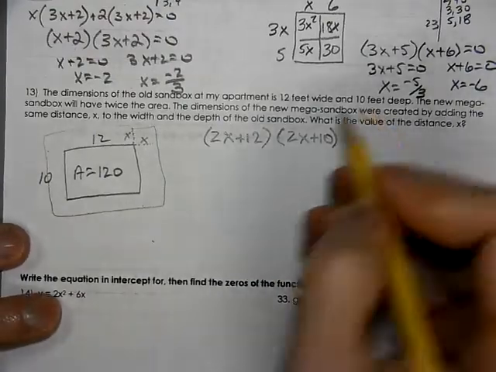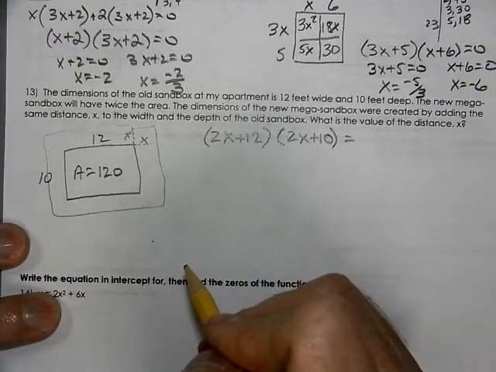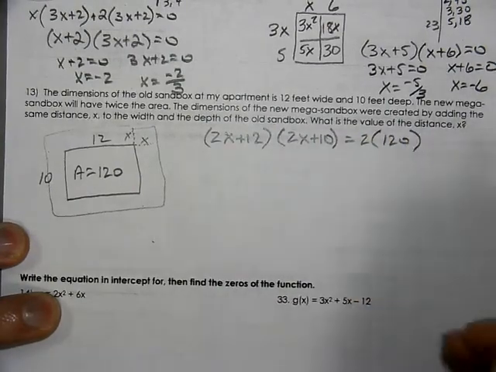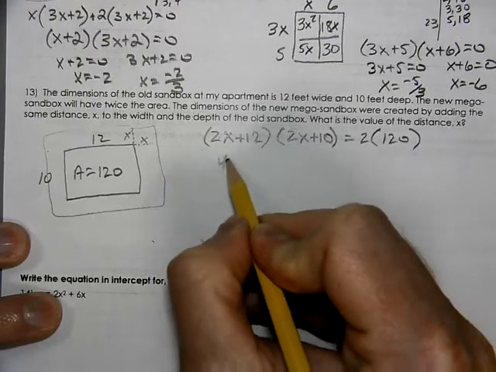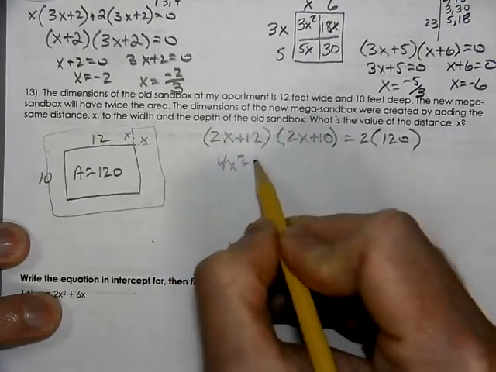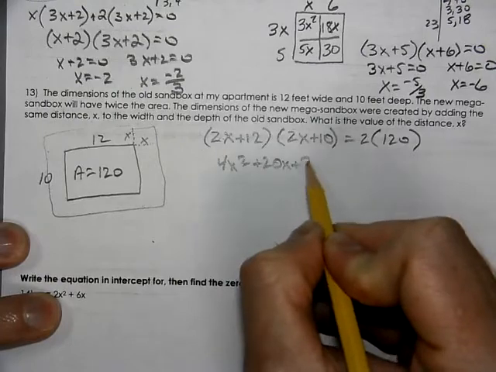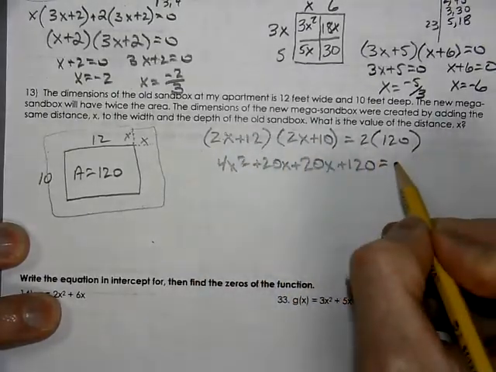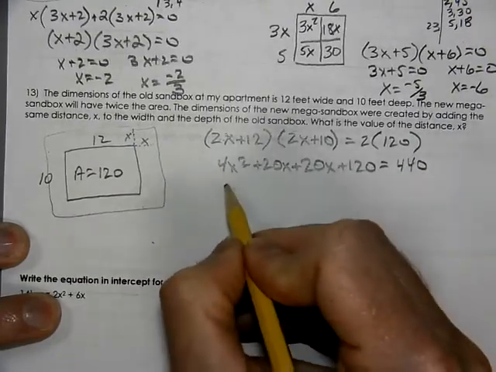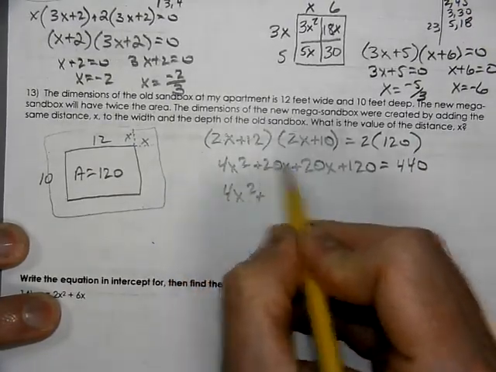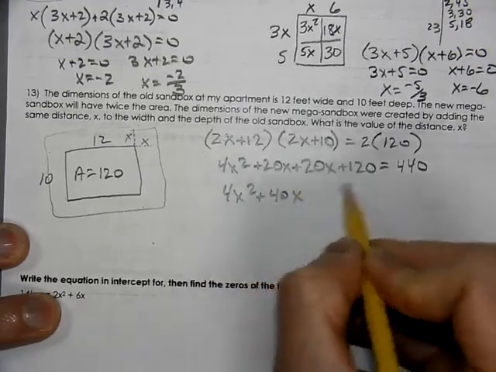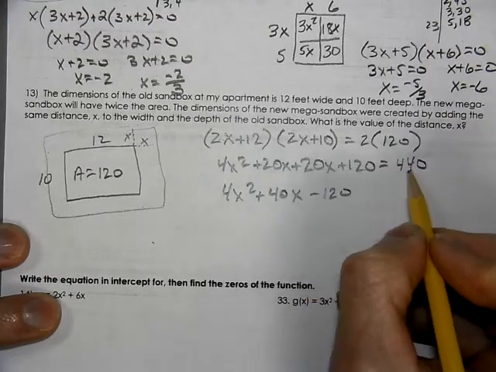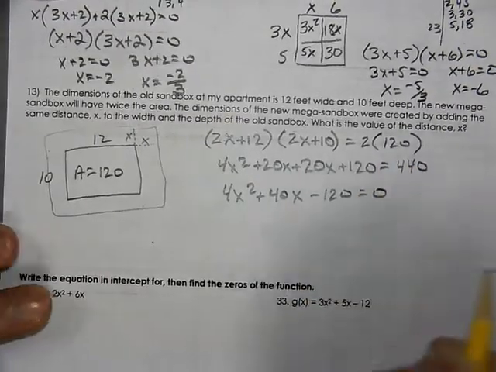That needs an area. The new sandbox has to have an area that's 2 times the 120. So we'll say 4x squared plus 20x plus 20x plus 120 equals 440. 4x squared plus 40x minus 120, because when you subtract the 440, you're going to get negative 120.